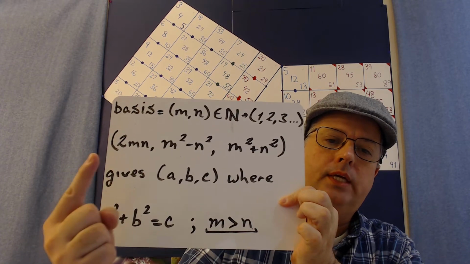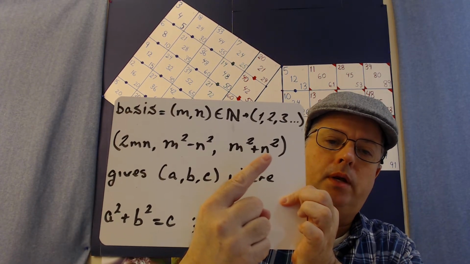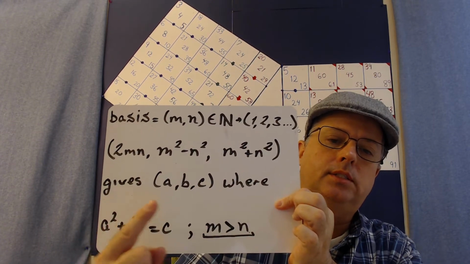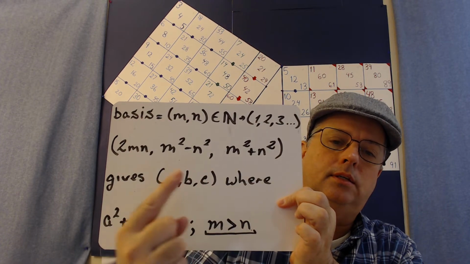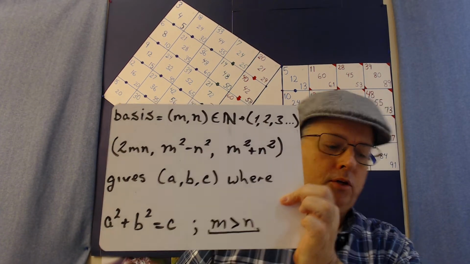And so this Pythagorean triple generating formula does give us a, b, and c values where a squared plus b squared equals c squared. We're going to have to put that square there. Okay. There we go.